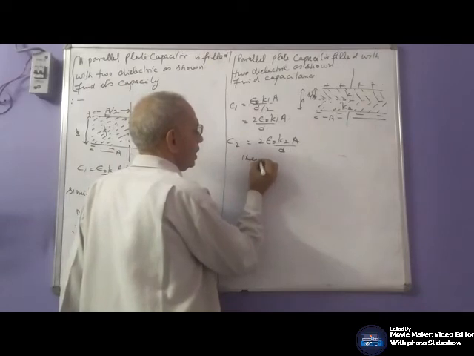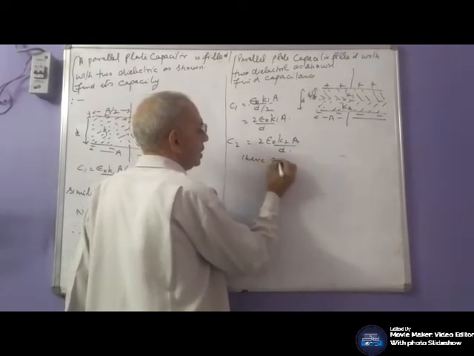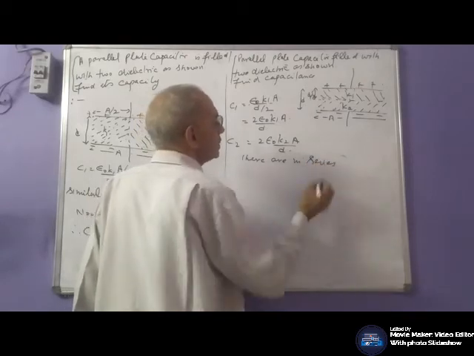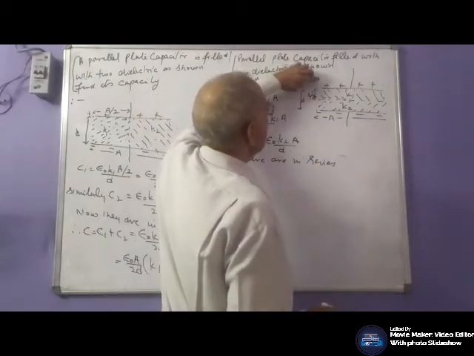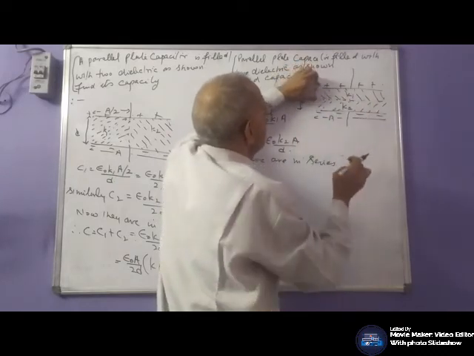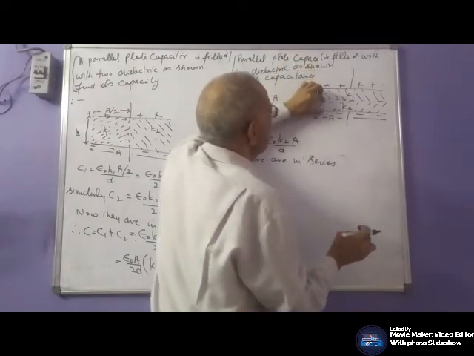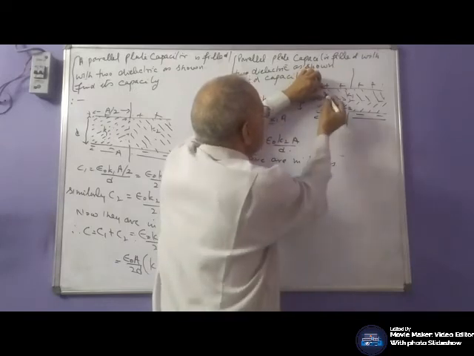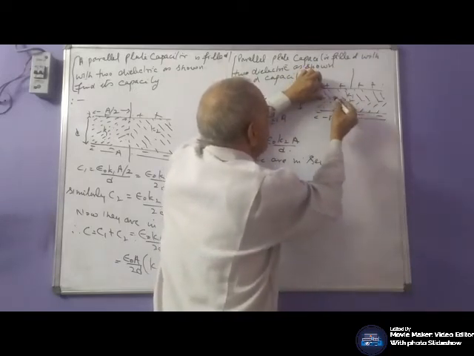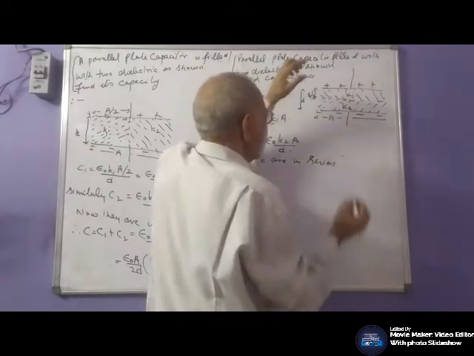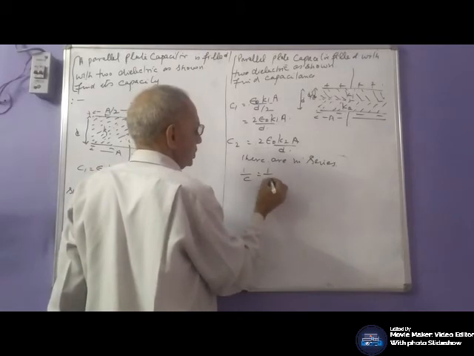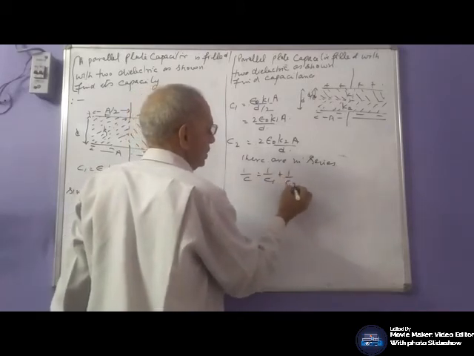These are in parallel. Sorry, these are in series. Why series? This is plus, this is minus. So this is one capacitor, this is second. If this is plus, this will be minus. If this is minus, this will be plus. So minus connected with plus, they are in series. So 1 by C is 1 by C1 plus 1 by C2.